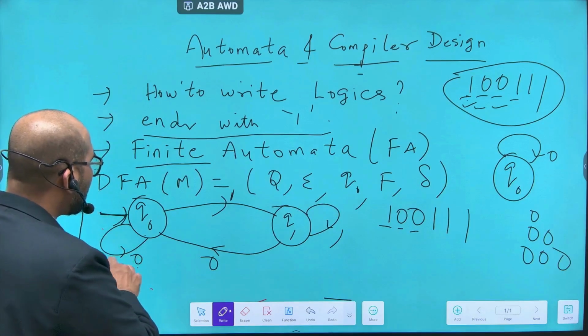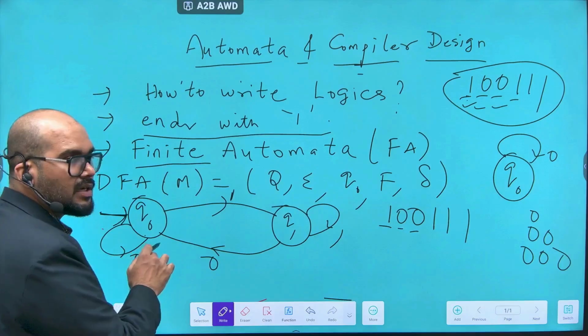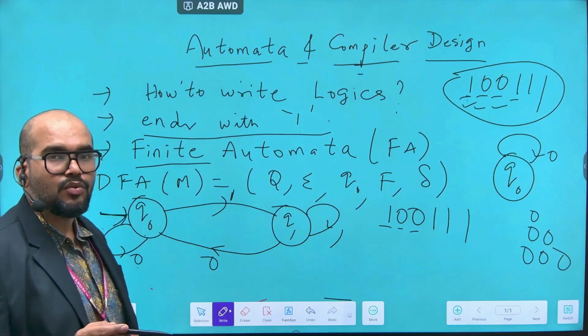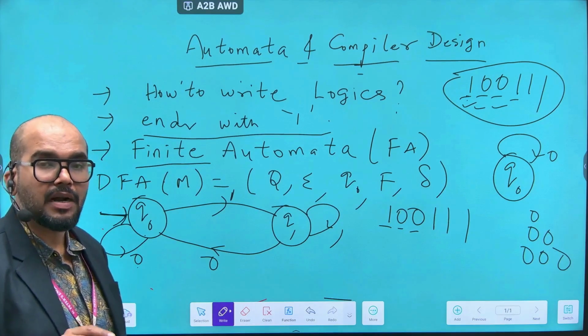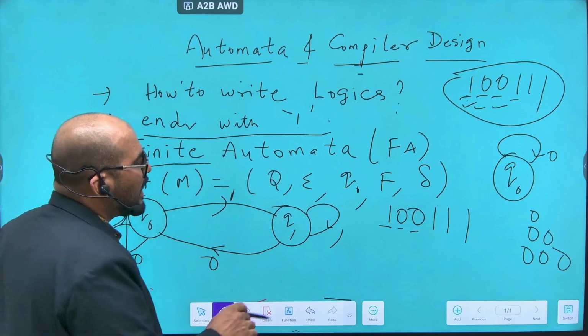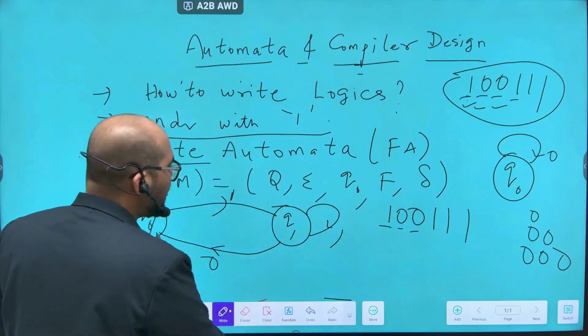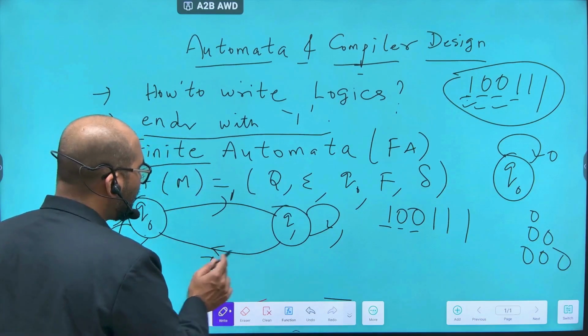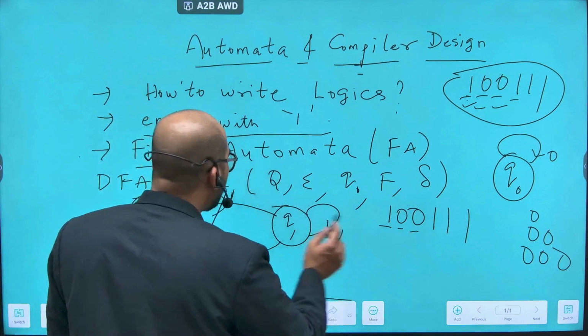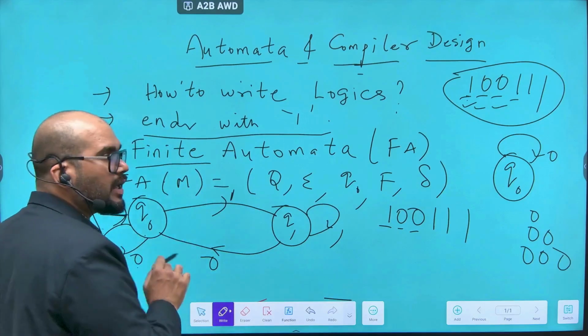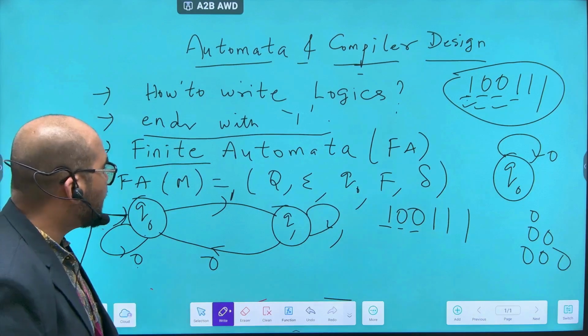With a self move a state can move multiple times to itself, but here we have only one more 0, so Q0 moves only once to itself.